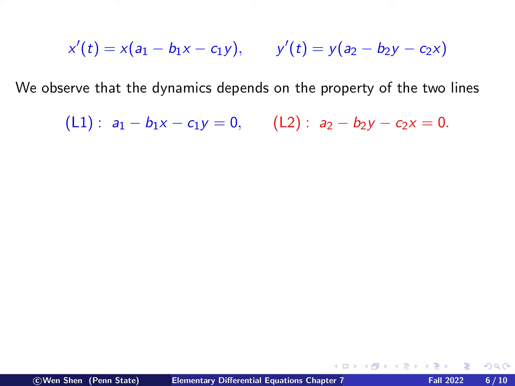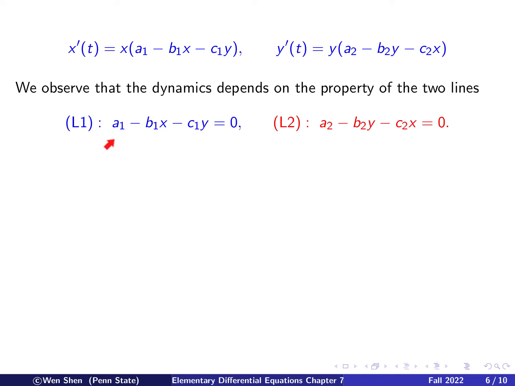Okay, so now let's look at a somewhat different and more geometric or intuitive way of viewing the dynamics of the system that's given here. Let's look at where this factor and this factor become 0.